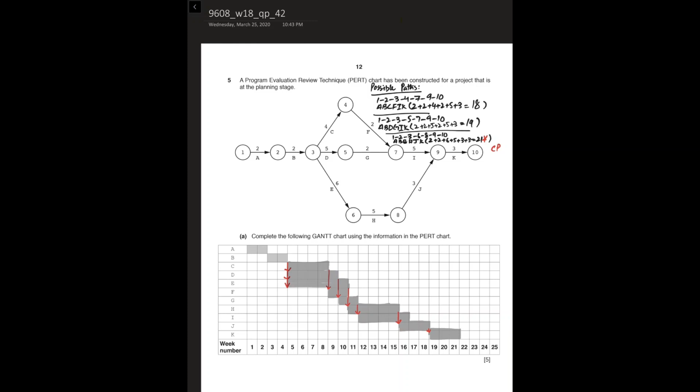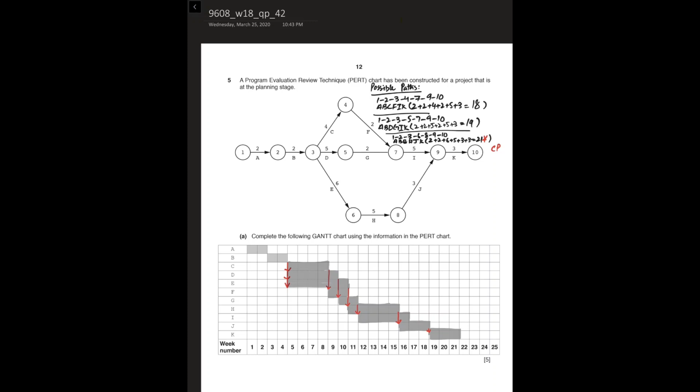They asked us to complete the Gantt chart using the information in the PERT chart. As I said, a Gantt chart is a table of boxes where activities are listed in the left column and the durations across.